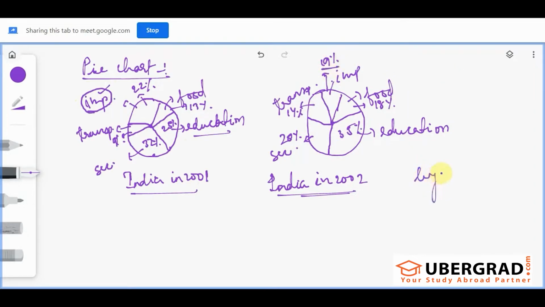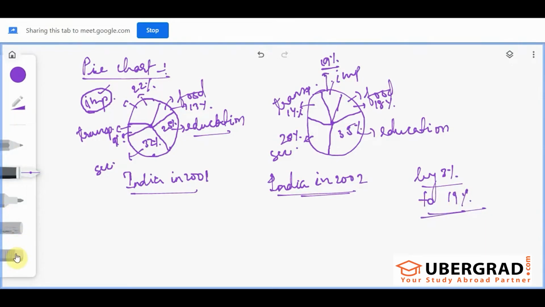Okay, if you're writing that in the year 2001 it was 22, then you can write that it decreased by 3% in the year 2002, or you can say that in the year 2002 it decreased to 19%. Right? There are two ways of writing this.